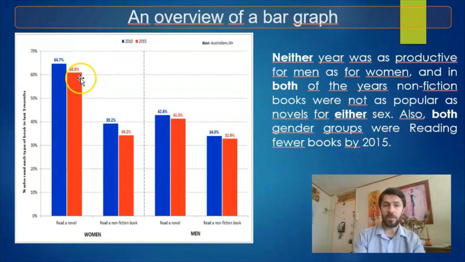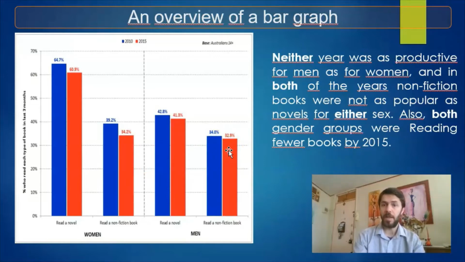For reading novels for women, that is higher than reading novels for men in both those 2 years, right? And the same happens with reading a non-fiction book, right? For women in 2010 and 2015, it's higher than for men in those 2 years. Okay, so here I am summarizing the data in my overview.